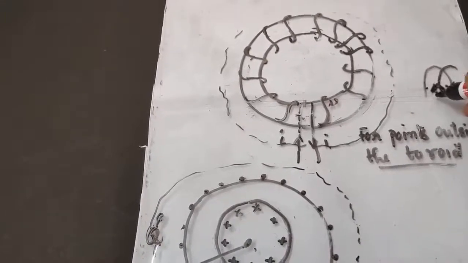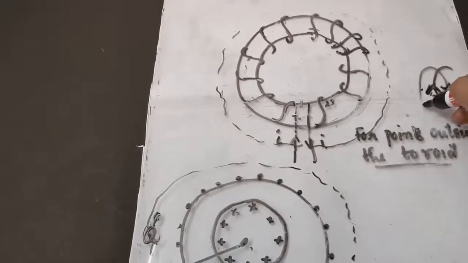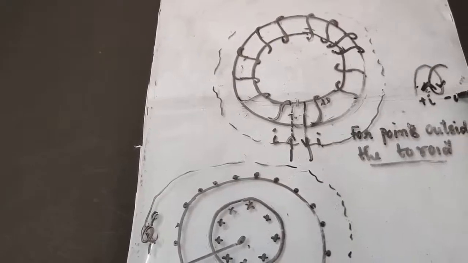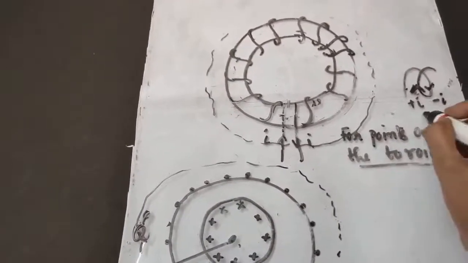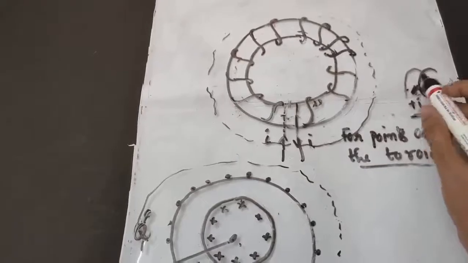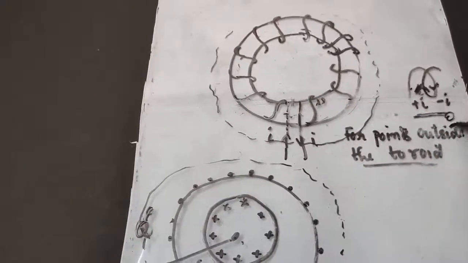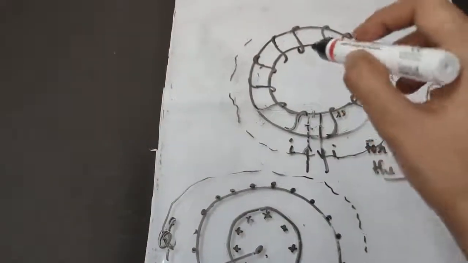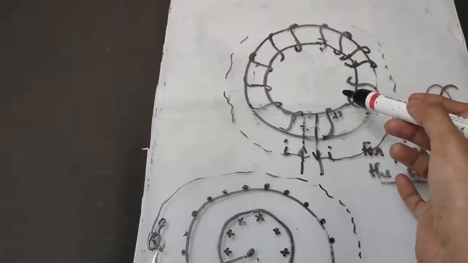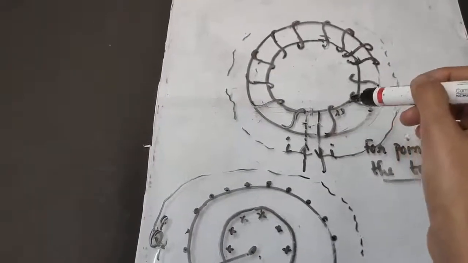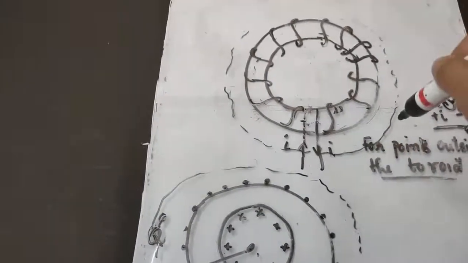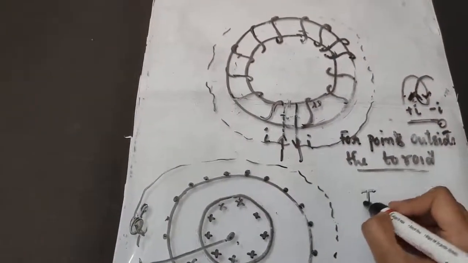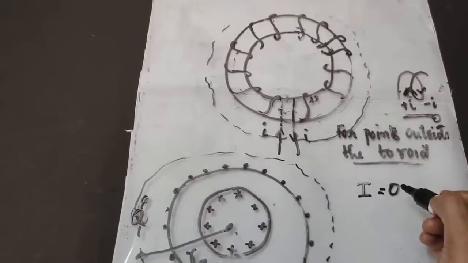If I give the current for this as plus I, this is just opposite, so the sign is minus I. So the total current for that single turn turns out to be 0. Here the current coming out of the plane of the paper is cancelled by the current going into the plane of the paper. So the total current for this case is 0.